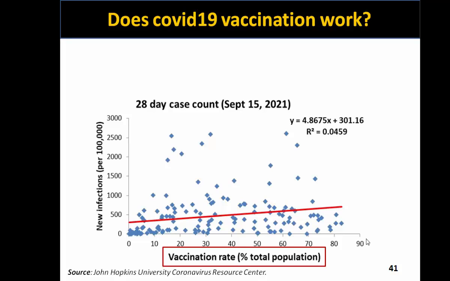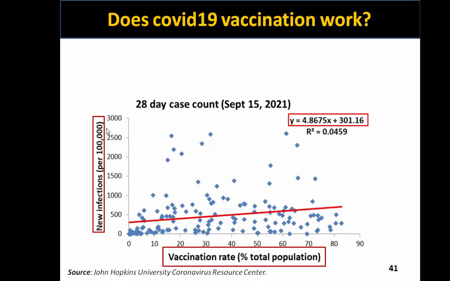And the question we're asking from a correlational perspective is, can this predict new infections expressed per 100,000 people as part of a country's population? It's important to express these data per 100,000 people because different countries will have different populations. And so it's a way of standardizing it.